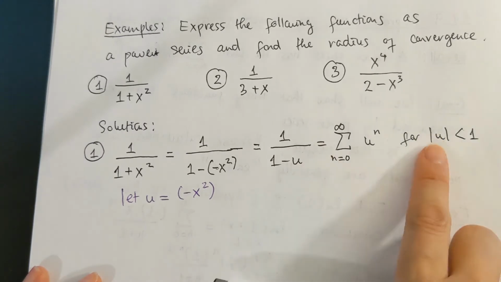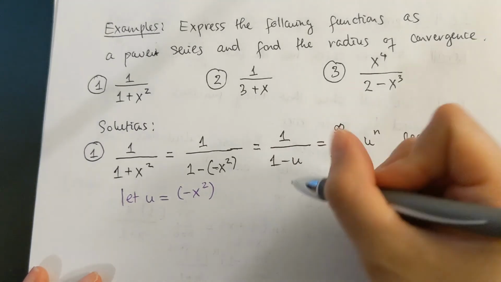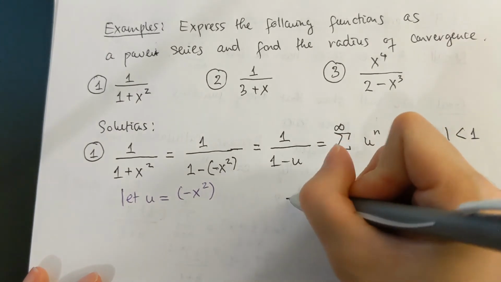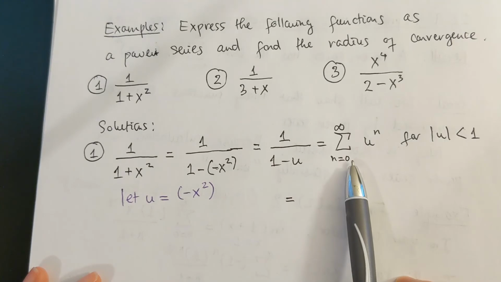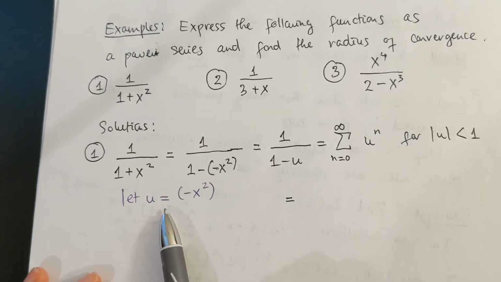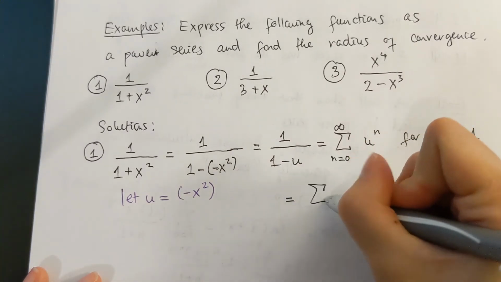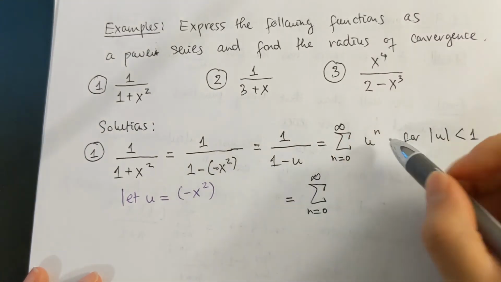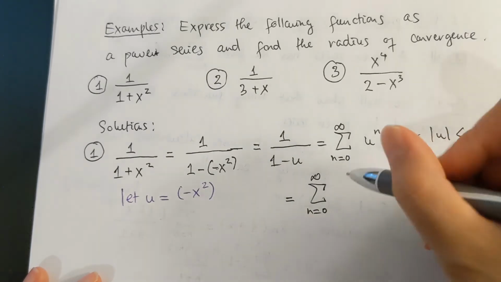So assuming the magnitude of u is less than 1, we can rewrite this as this power series. Now we have to replace everything back into x, right? And u is minus x squared.